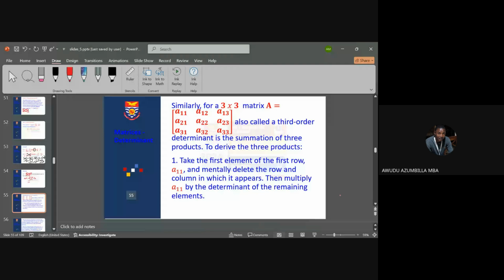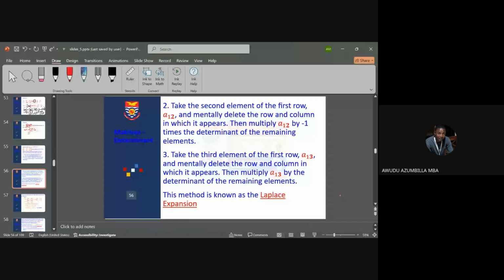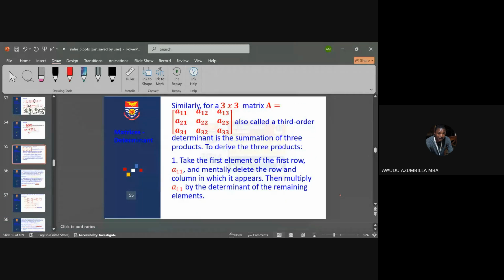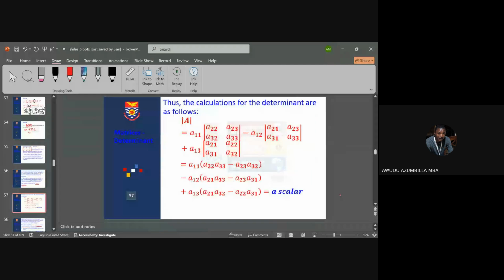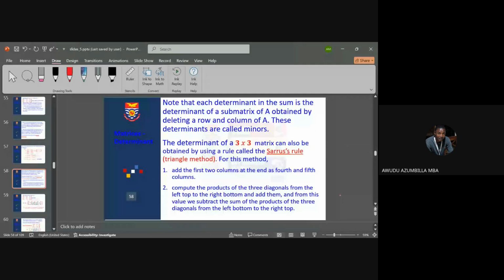The determinant of 3 by 3 is also defined in 2 different ways. We can find the determinant of 3 by 3 by using the Laplace method, and then the Sarrus method. So let me just go quickly to it.